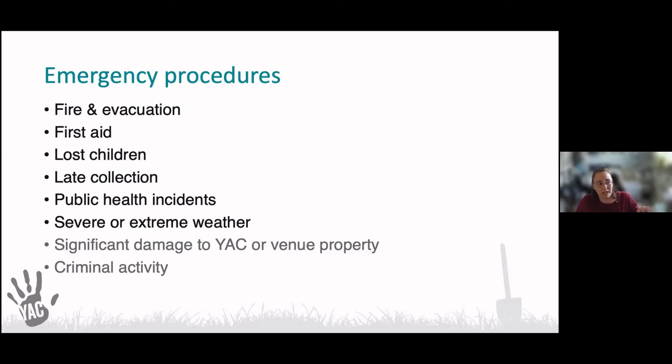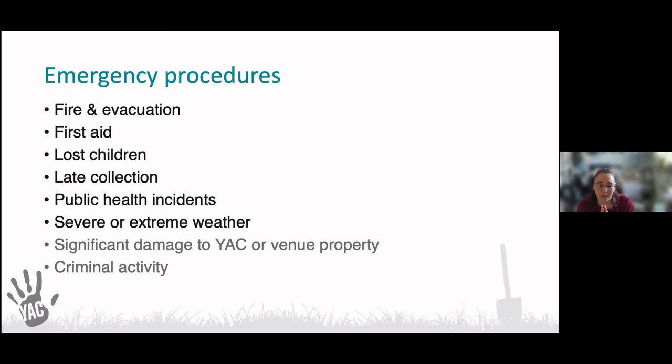And then I've put in grey here, we've got a little bit of information in the toolkit about significant damage to YAC or venue property and criminal activity. I've put them in grey because they're, touchwood, the least likely to happen. But if it does, there's information there for you, and there's incident forms as well on the website.